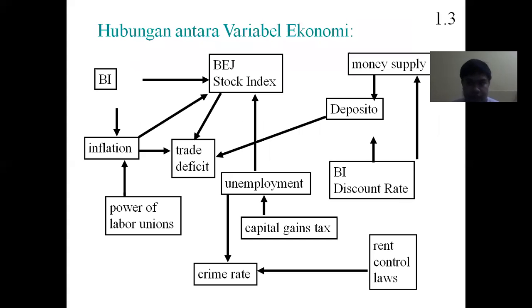So in empirical situations, this is a macroeconomic example of how economic variables interact between many factors. There are so many arrows between variables, and you could study it in economics, but I'm not talking much about how to define many of these variables.